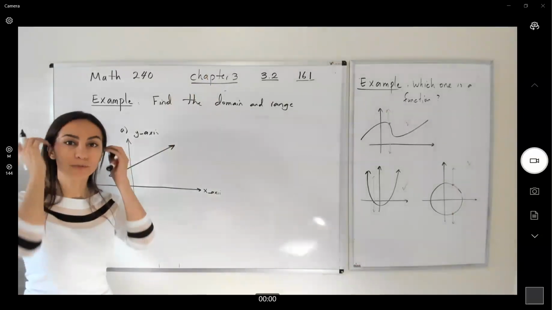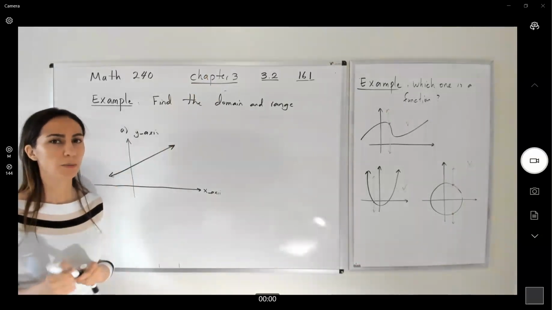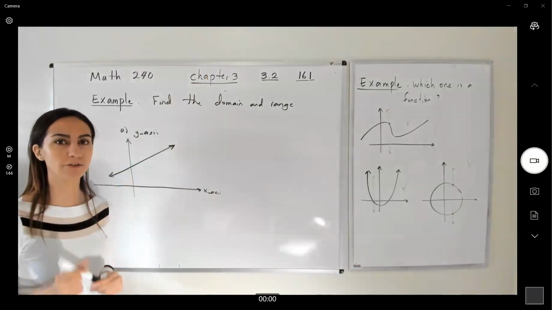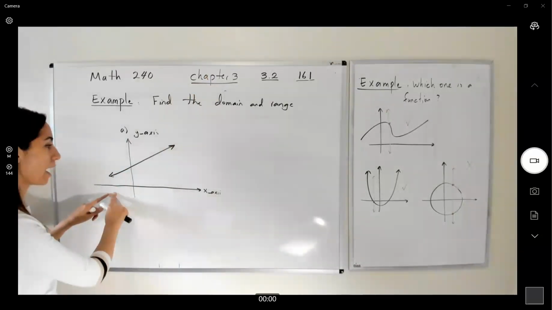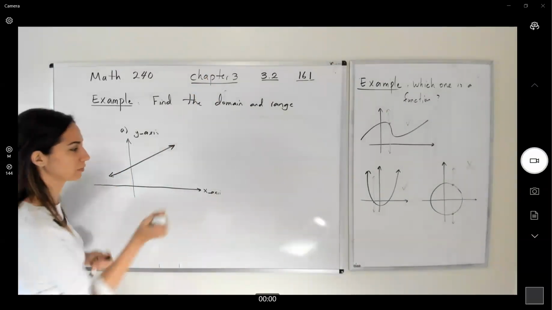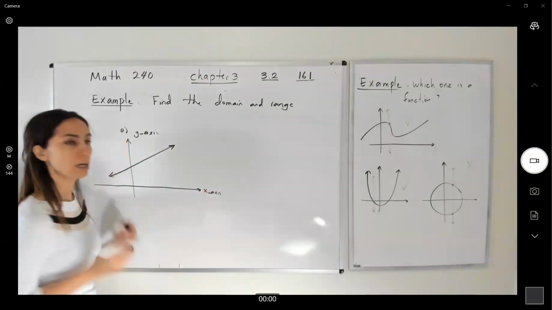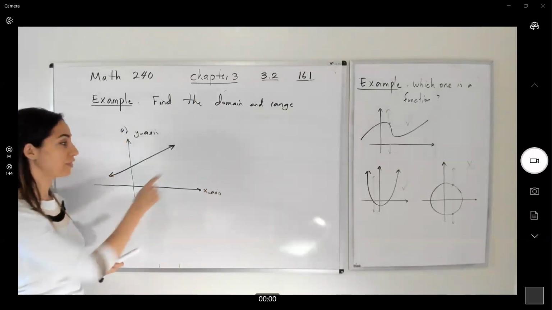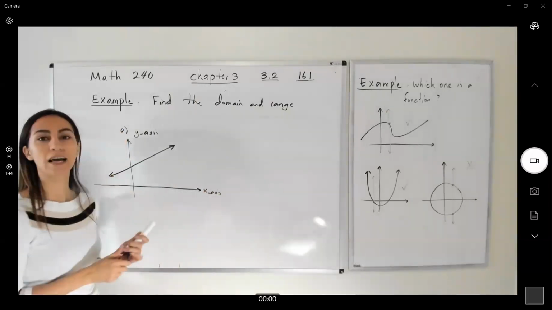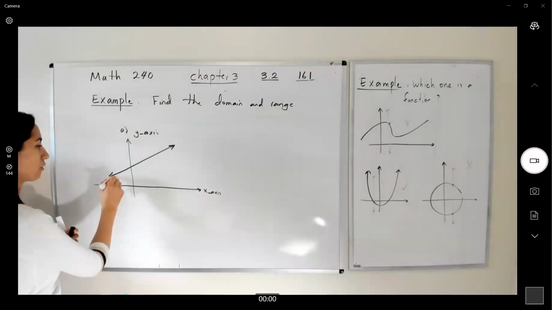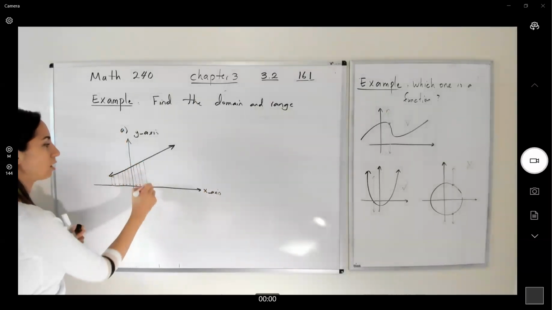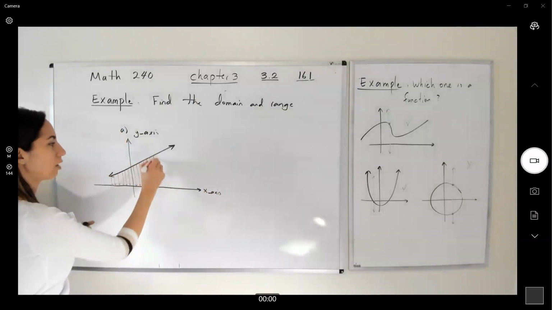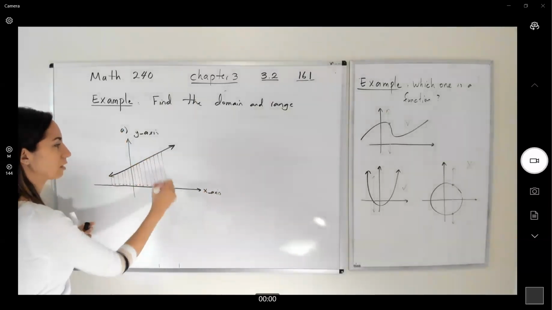We don't have any formula for this line, but we know that the domain of the function or domain of the relation is x values. If I project this line on the x-axis, it gives me all x values that belong to the domain of this line.